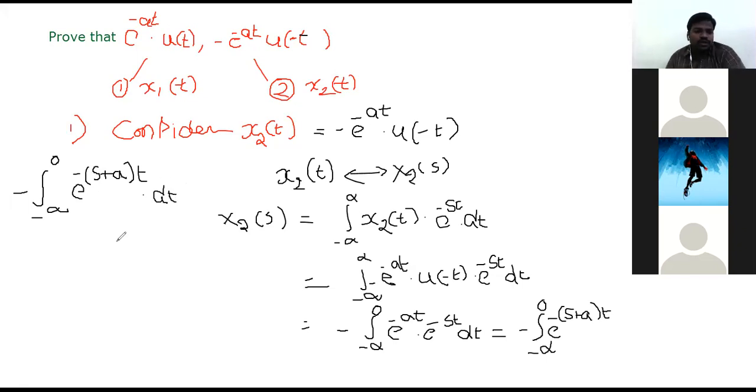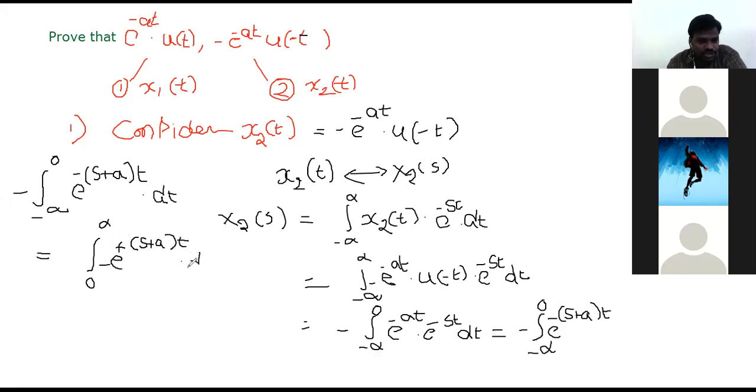Right? So if we change the order of integration, this minus sign multiplied by this integration, obviously you will get the positive. See how I am going to change the limits. 0 to infinity e power minus of, so I think this is correct, is it not?